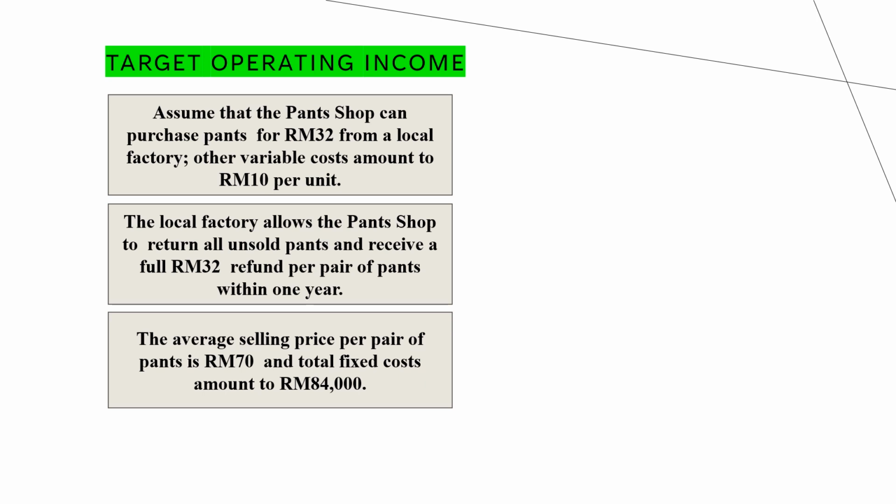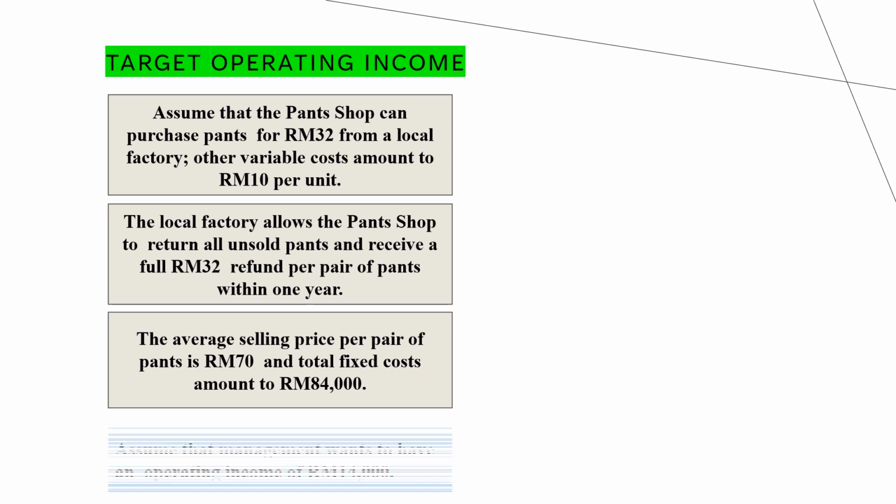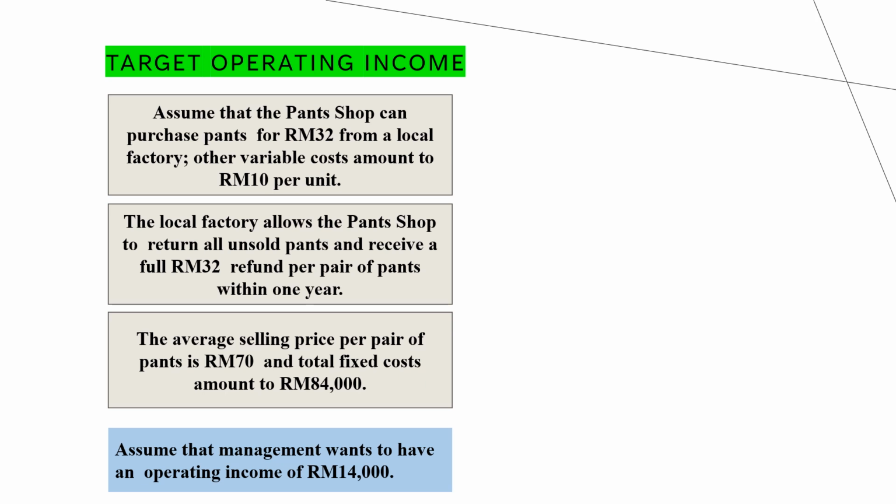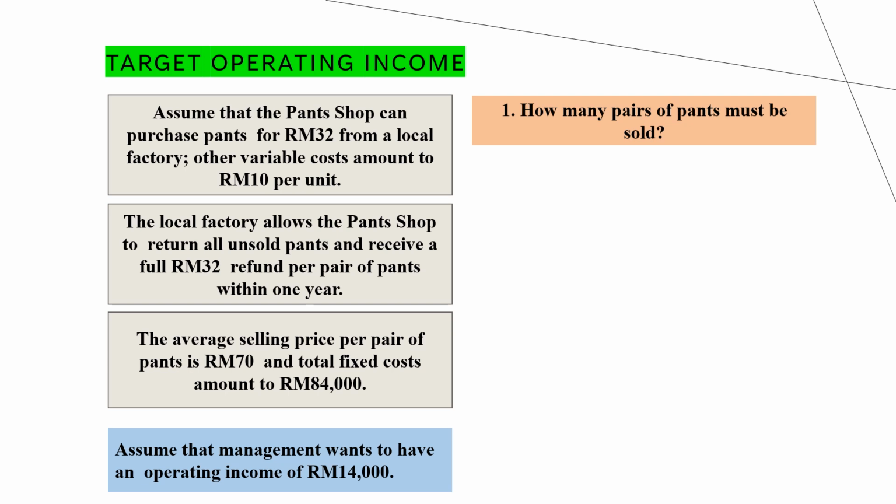We are using the same example again to get the target operating income, but we put in assumptions. Management wants to have an operating income of 14,000. So how many pairs of pens must be sold in order to get 14,000 target operating income?